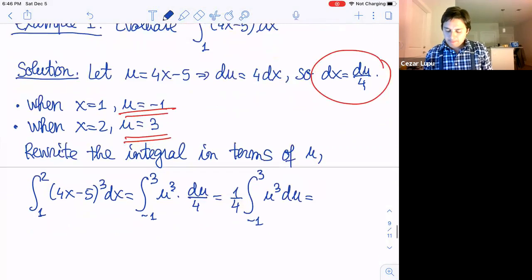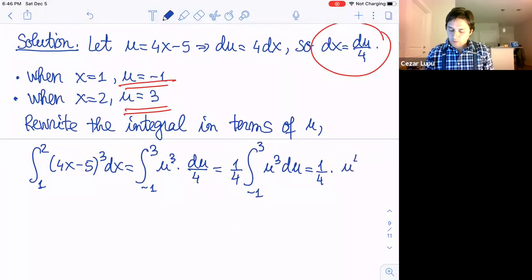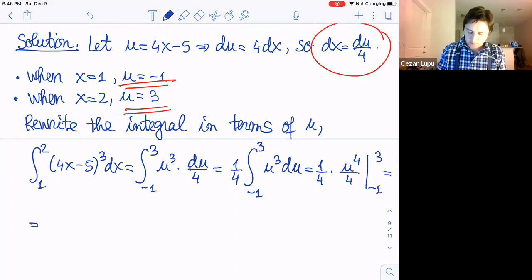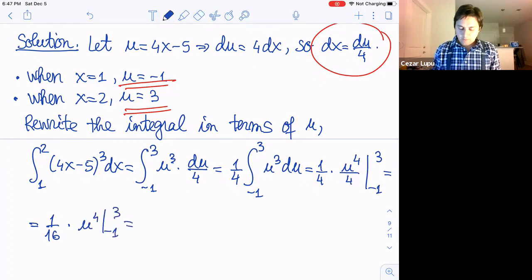And this would be 1/4 times, and now the antiderivative of this will be u to the 4th over 4, from negative 1 to 3. And now we're just going to do some computations here. So this would be 1/4 times, in fact, 1/16. Sorry about that. 1 over 16 times u to the 4th from negative 1 to 3.